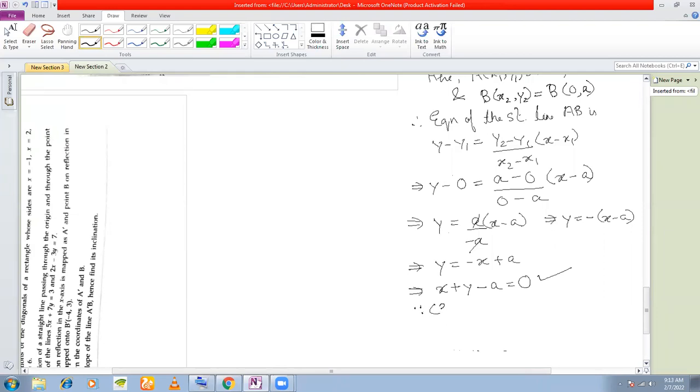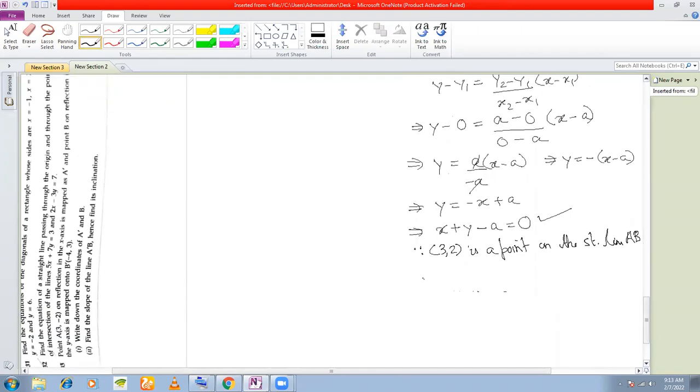Therefore, put x is equal to 3 and y is equal to 2: 3 plus 2 minus a is equal to 0. That means you get a is equal to 5. Now you have got a is equal to 5 with the help of what information? That this point is a point on this straight line.